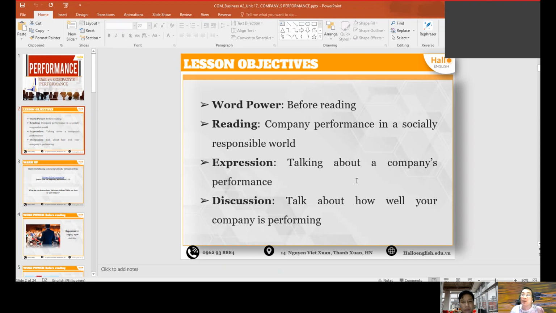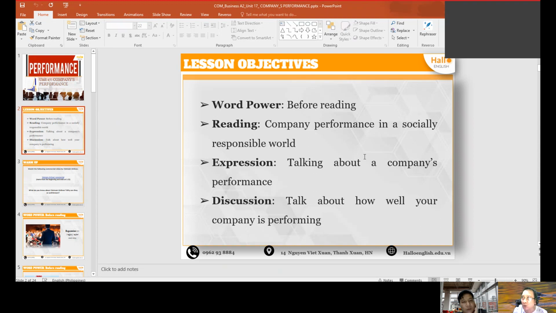Every company wants to have a lot of money, that's the reality of life, but remember, as a company, you also have the responsibility to be in a socially responsible world.